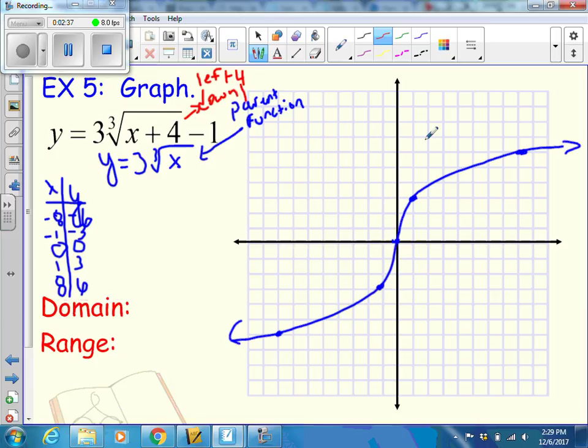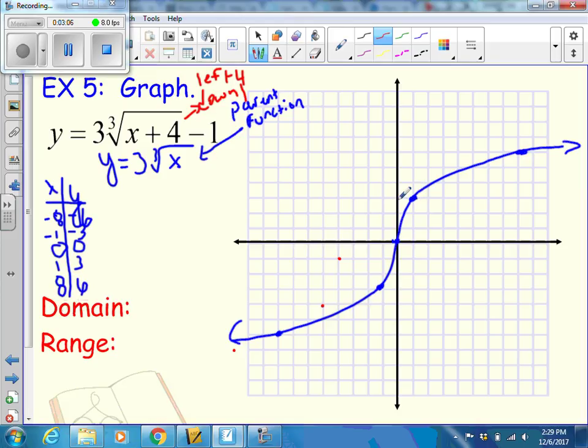So what I just graphed here in blue was the parent function. Now what I'm going to graph in red is our original function that we needed to graph. So I'm going to go for my origin. I move left 4, so 1, 2, 3, 4, and then down 1. And now I do that for each point I have. So I go over left, 1, 2, 3, 4, down 1. This one you might go out of the graph a little bit. That's okay. So we go 1, 2, 3, 4, and down 1.